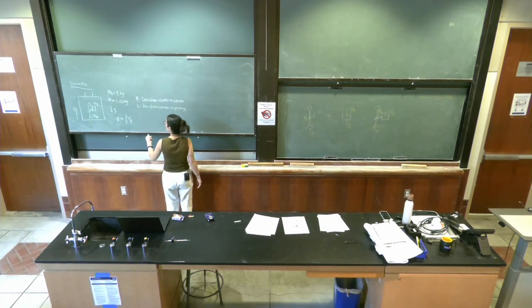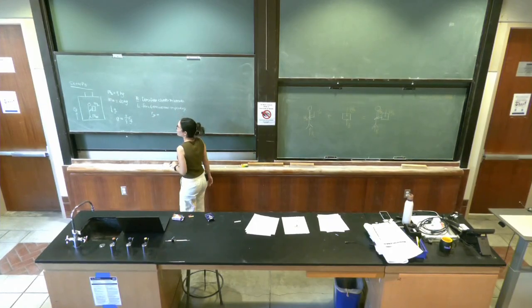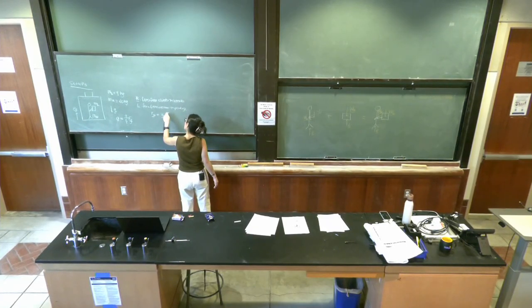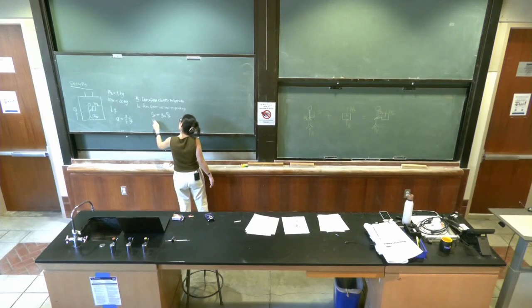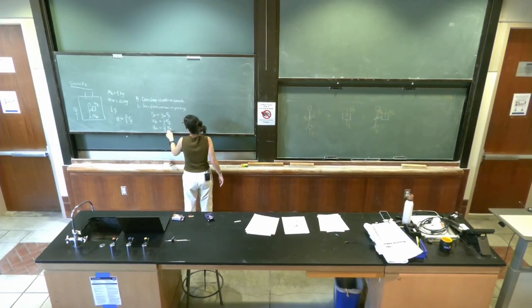Okay? So here, for the woman, R of the woman is Y_woman EY. V of the woman is Y dot EY. A of the woman is Y double dot EY. And for the box, same thing.